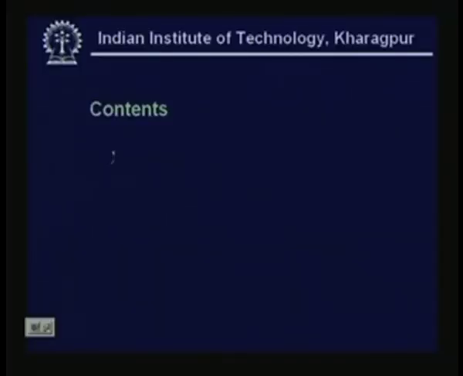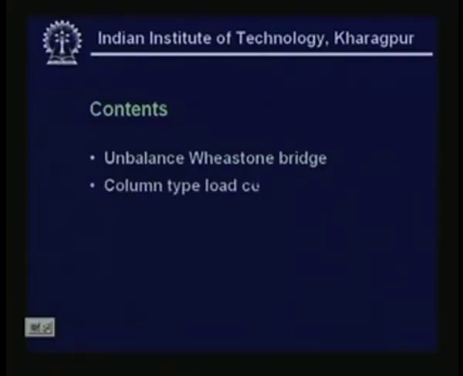Now, the contents are: we will first cover the unbalanced Wheatstone bridge, because we will use the unbalanced Wheatstone bridge here, that is the reason we have discussed it. Then we will cover the column type load cell. Instead of link type load cell, I mentioned it as a column type load cell.